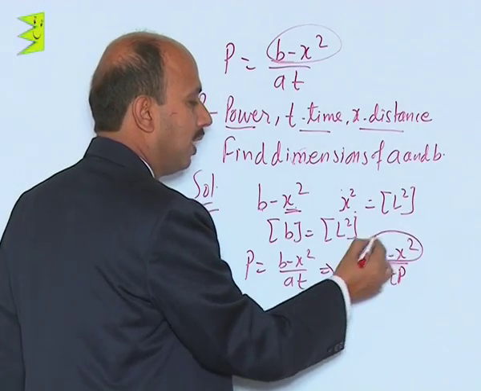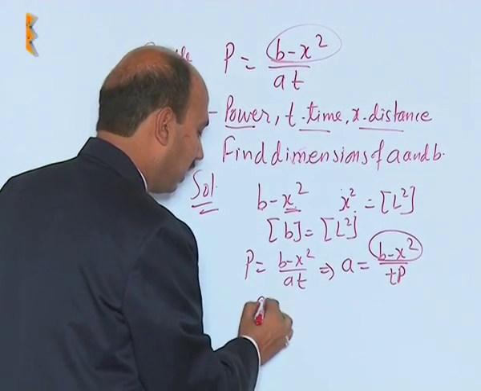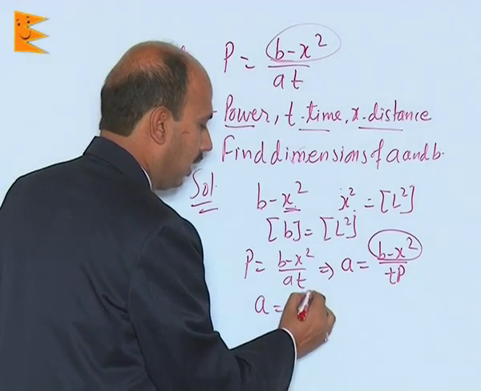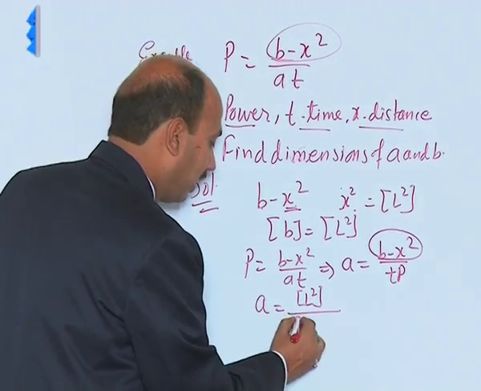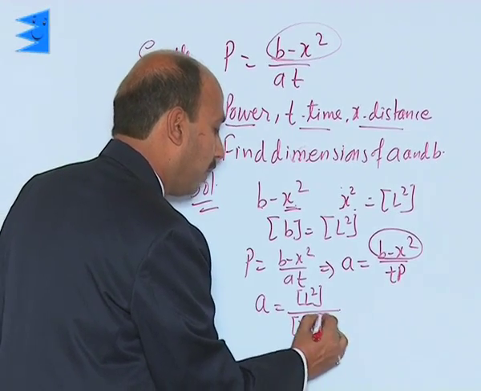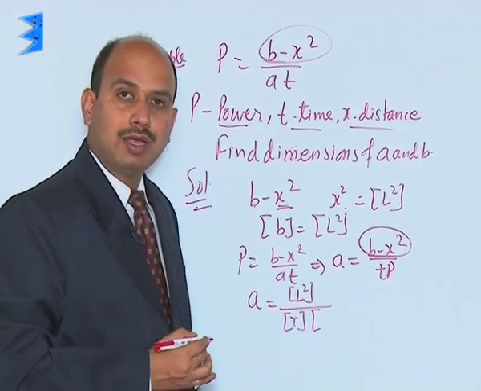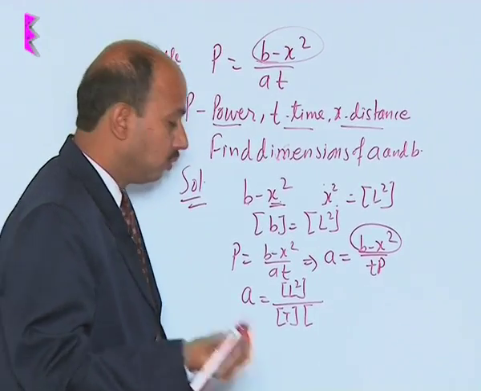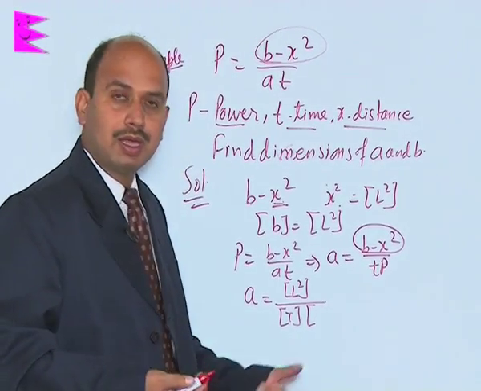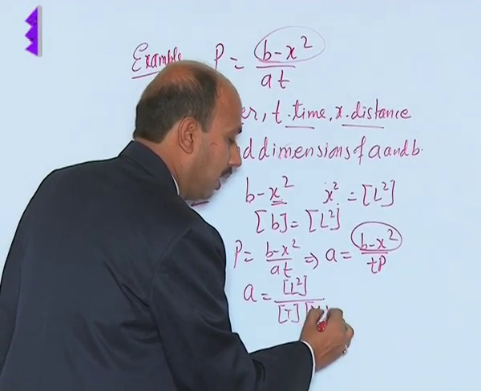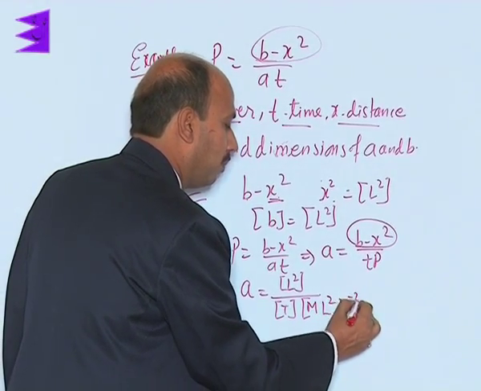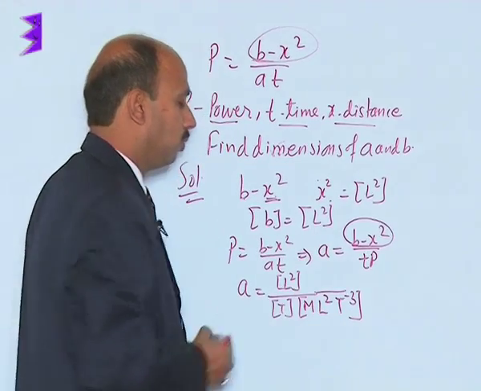B minus x square's dimension is L square. So, we can write A is equal to L square divided by, now time we can write T, power can be written as work done upon time. You know the dimensional formula of work and time, you can calculate. So, that will come out to be m L square T raised to power minus 3. This is the dimensional formula of power.